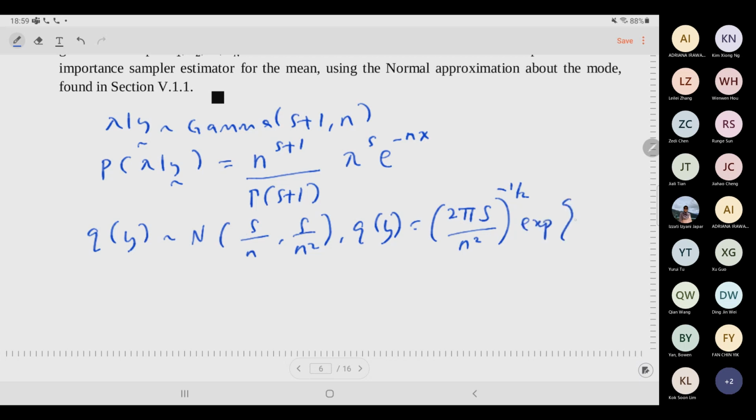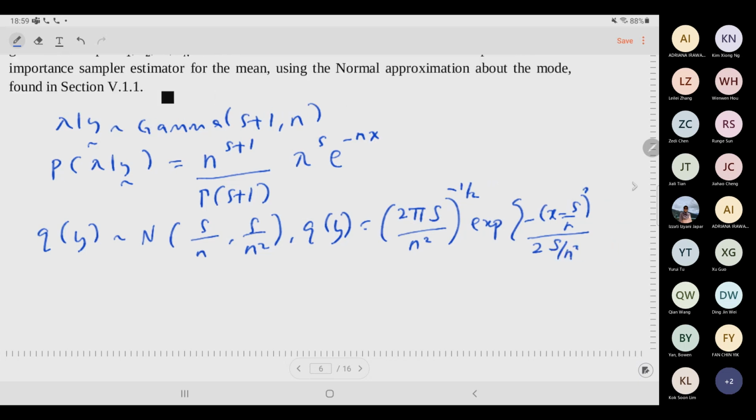Very long, and then minus 2s over n square.